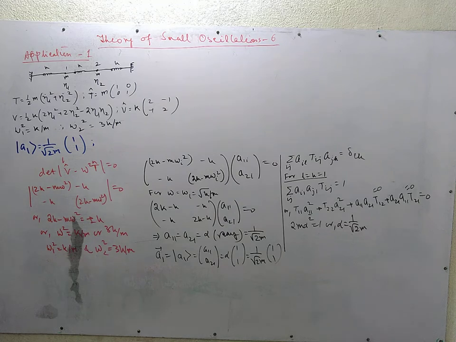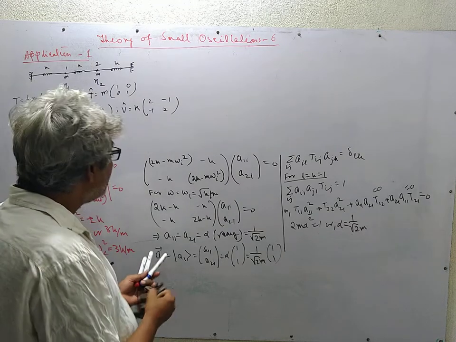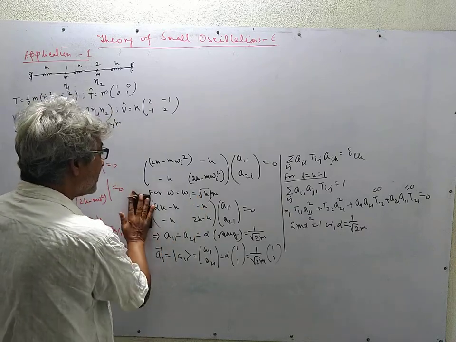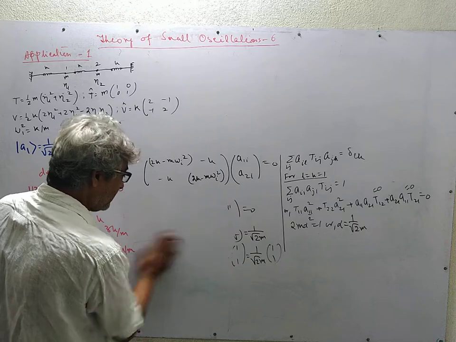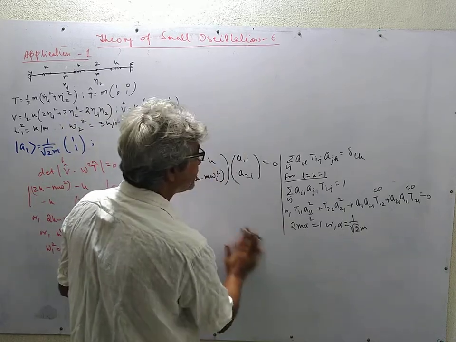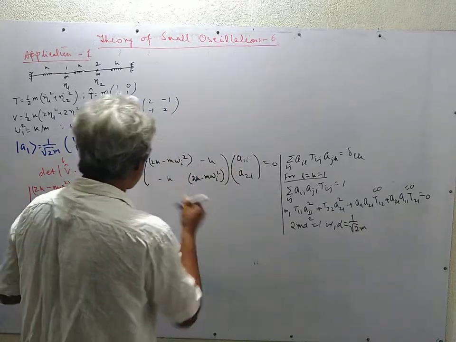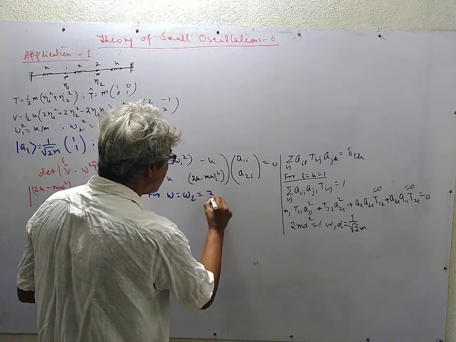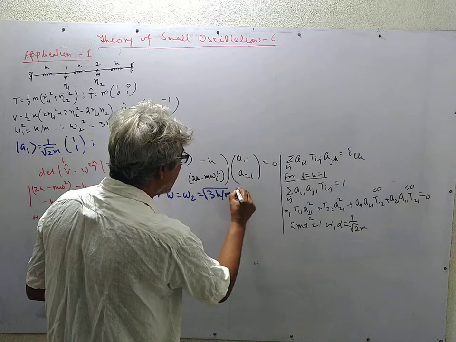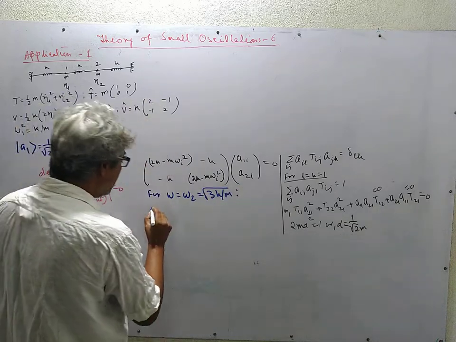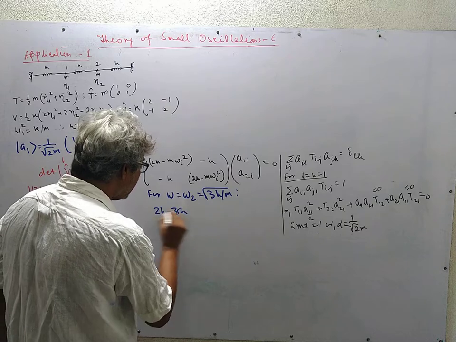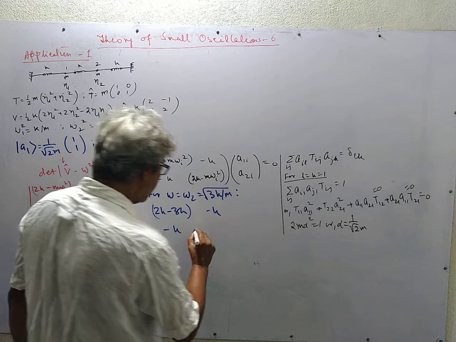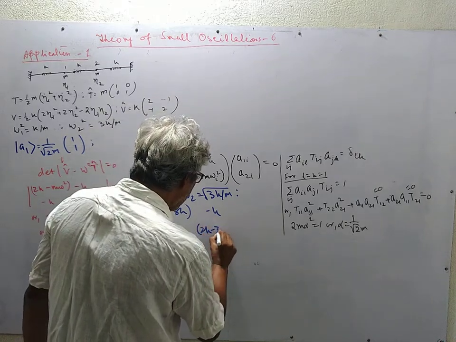Now for omega equal to omega 2, equal to root of 3k by m, we have 2k minus 3k, minus k, minus k, 2k minus 3k.